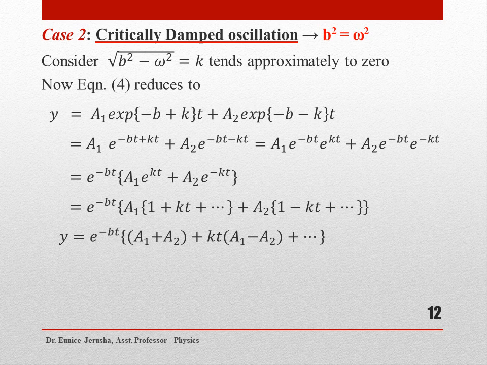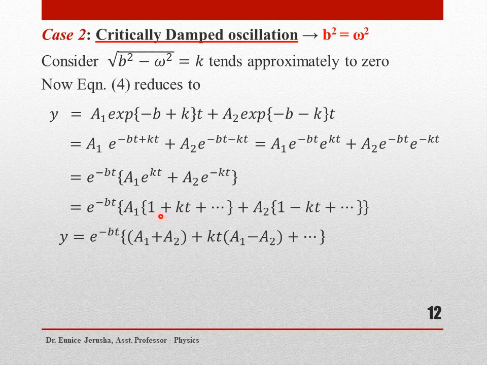We ignore the higher order kt terms and therefore we now have small y equal to e power minus bt a1 plus a2. a1 plus a2 are the coefficients of 1 here as well as here, and the second term which we have here has been obtained as the coefficient of the kt term.